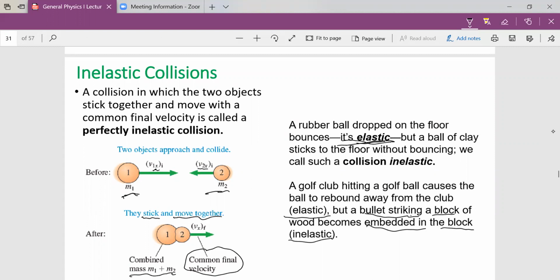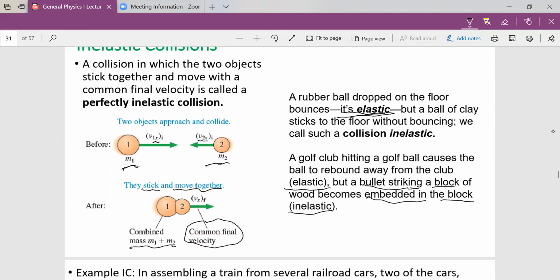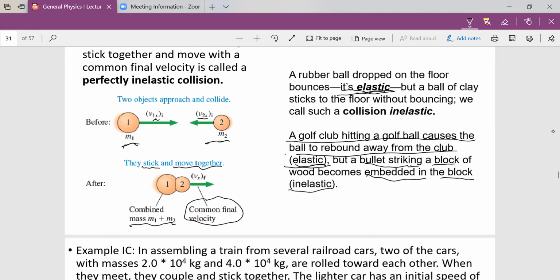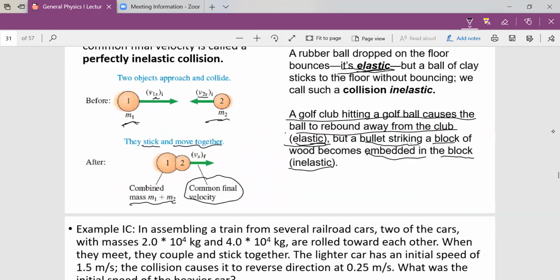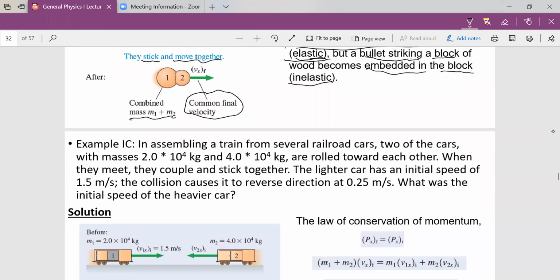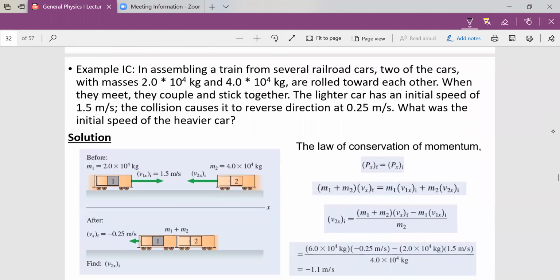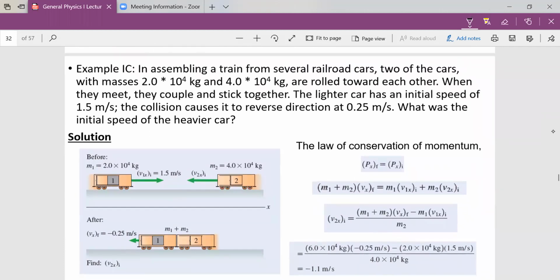Okay, so we have seen several examples of elastic collision when we were describing impulsive forces. We see a collision where the two objects move apart. Most of those examples are elastic collisions. So let's take an example on inelastic collision.